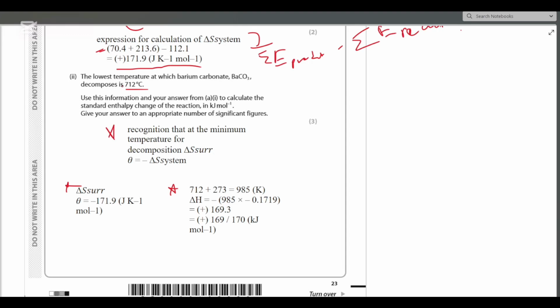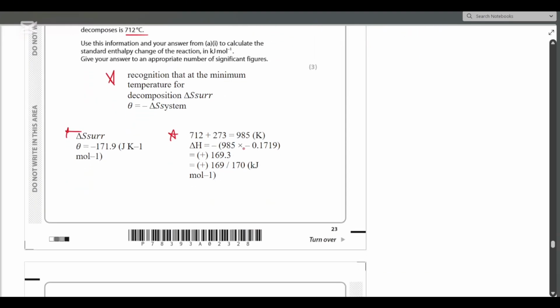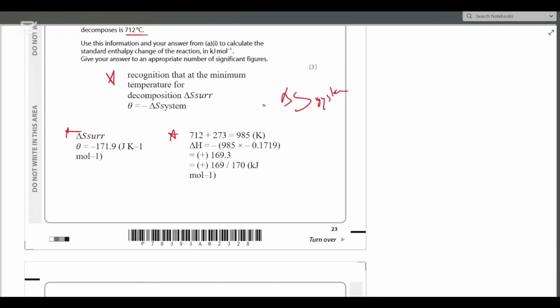Then we convert the temperature provided to kelvins, and using this equation we multiply the temperature by ΔS system, the formula being ΔS system times T. When we use this formula we can easily get our value right here, which is 169.3 kilojoules per mole. That is the standard enthalpy change of the reaction.